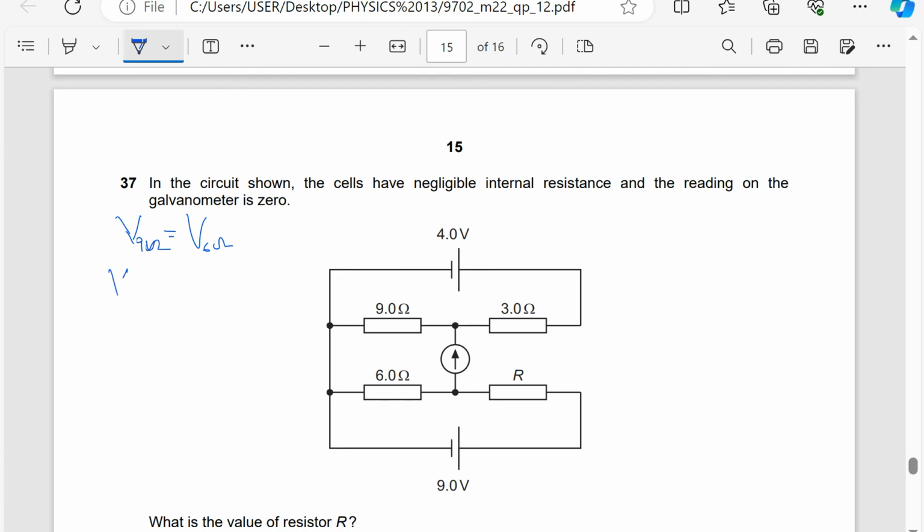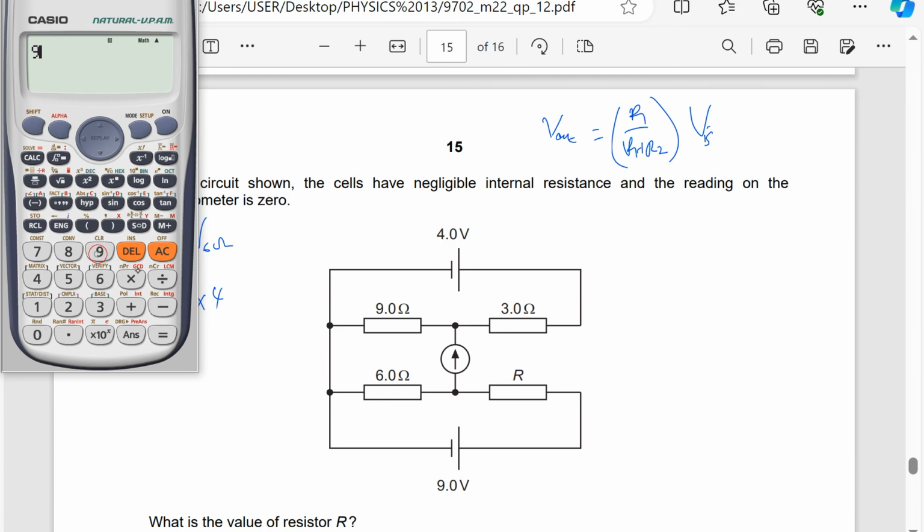So the PD across the 9 ohms is going to be equal to, using the potential divider formula, V out equals R1 over R1 plus R2 times V supply. V supply is 4 volts. Let's say R1 is 9 ohms. So this is going to be 9 over 9 plus 3, then times the voltage supply, which is 4.